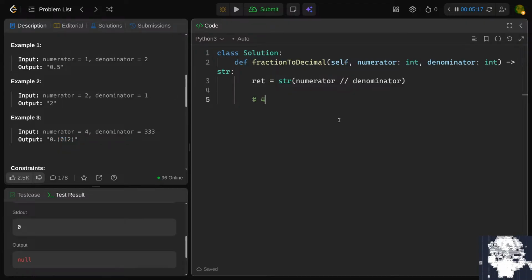So you've got like 4, and then 333. And then you want to know how many times. Is this the right way to write it? How many times does 4 go into 3 or something?